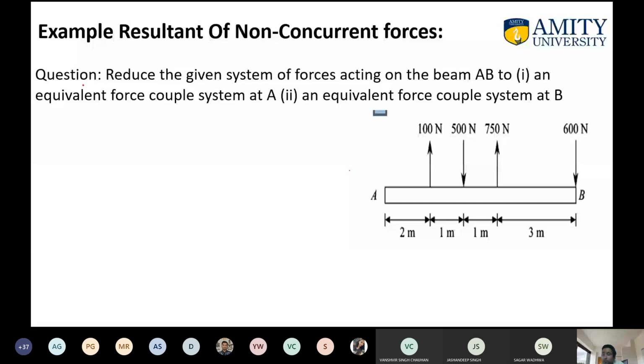What you have to do? You have to apply the equation of statics that we always apply, because without that you cannot find the forces.